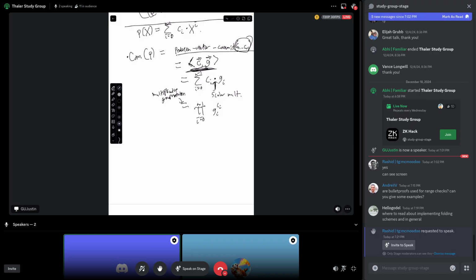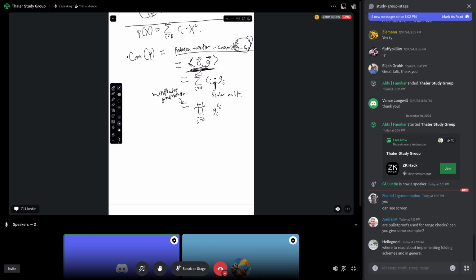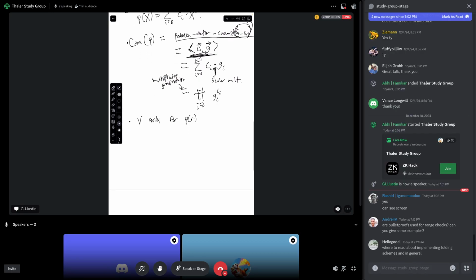Okay, now if the verifier says, hey, I need to know P of r, where r here is the evaluation point, this requires the prover to prove the following.